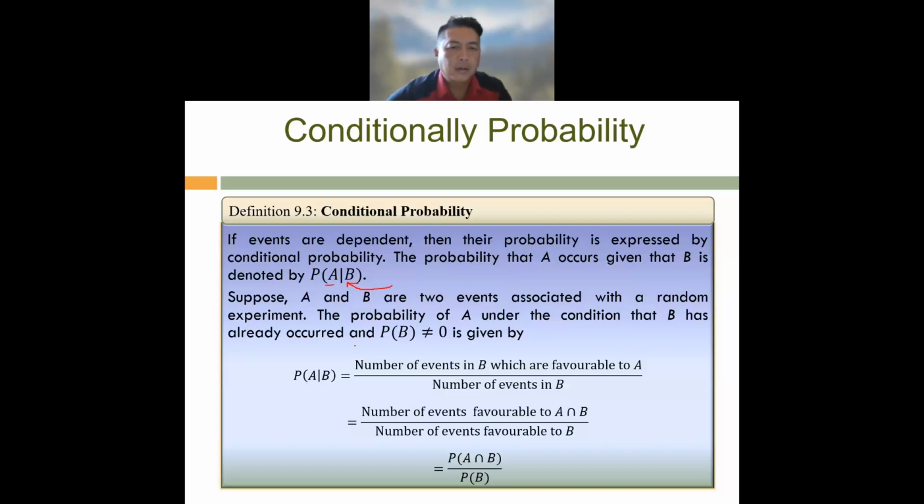When we try to count our data, we list out all the number of events in B, and at the top here we count the number of events in B which are favorable to A. When we translate them into this symbol, we are looking at the intersection of A and B, and the bottom here will be B. So these are the basic foundation for the conditional probability.